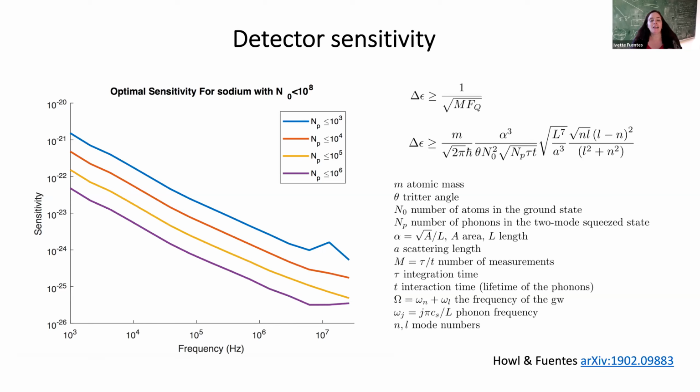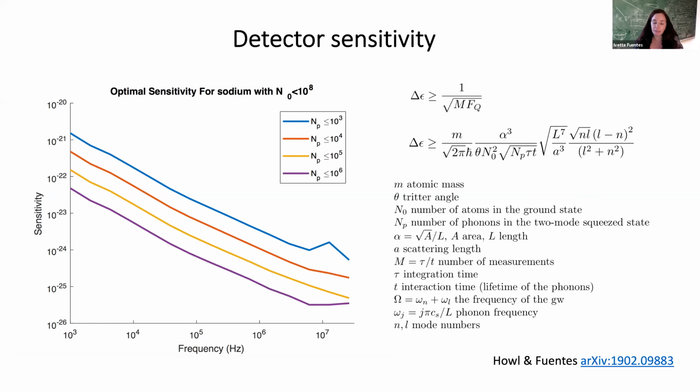Yes, but then you could end up with a very high density, and then you have a super high particle loss due to three-body recombination. So that's where we played in the optimization, trying to find an optimum for the length, the scattering length and so on. So it's always playing with that.